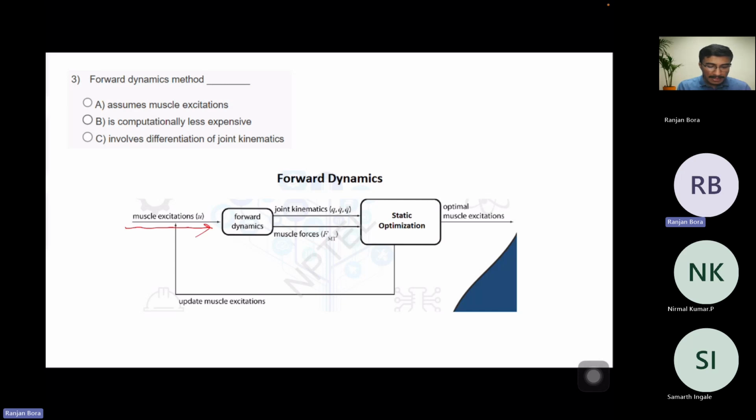We provide the muscle excitations, and using this method we estimate the joint kinematics and muscle forces. Then we can use these muscle forces and kinematics data in the static optimization method for the optimal muscle excitations. So option A is correct.